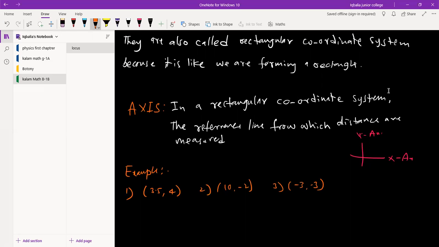So this is the homework for you. Just make a graph and send it in the WhatsApp group. I will check how many are making a good graph. Okay, boys?